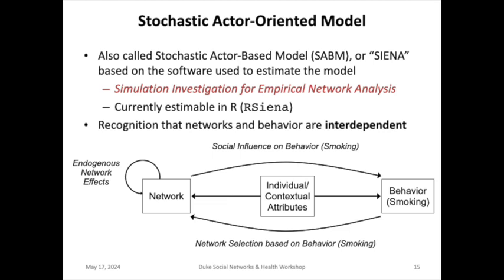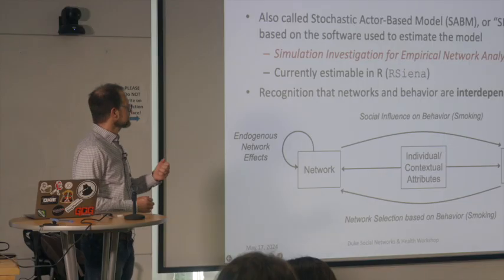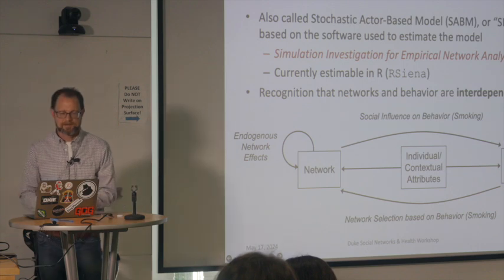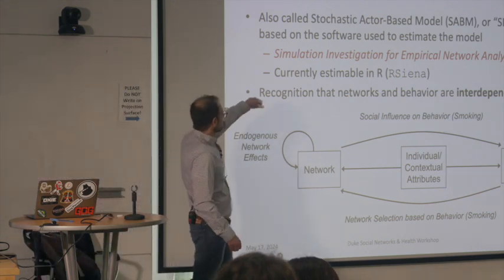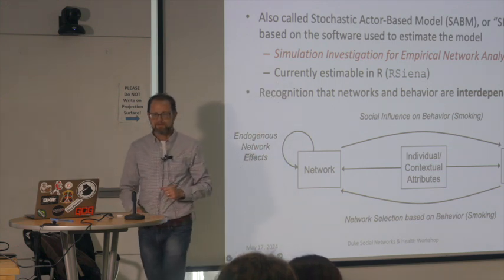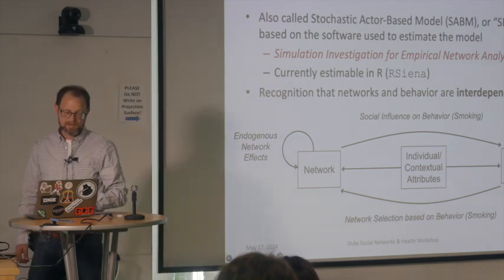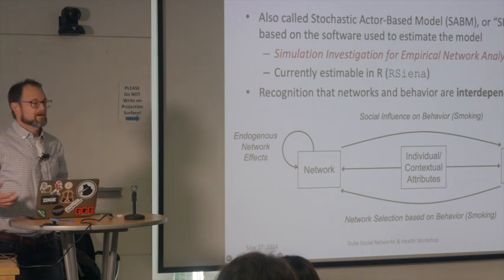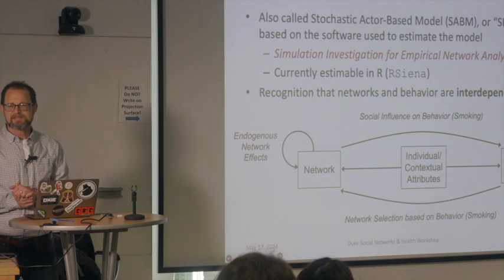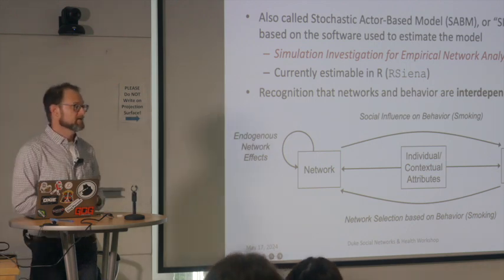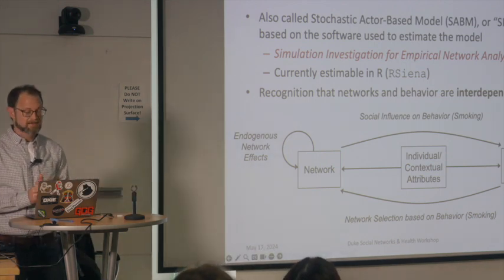Okay, so it's a stochastic actor-oriented model. Before that, it was a stochastic actor-based model. Before that, it was a SIENA model. So you're going to hear all these different names. SIENA actually stands for Simulation Investigation for Empirical Network Analysis, which is a way that, I think, Tom Snijders really was fascinated by Siena, the town of Siena in Italy, and wanted to name his model after that.